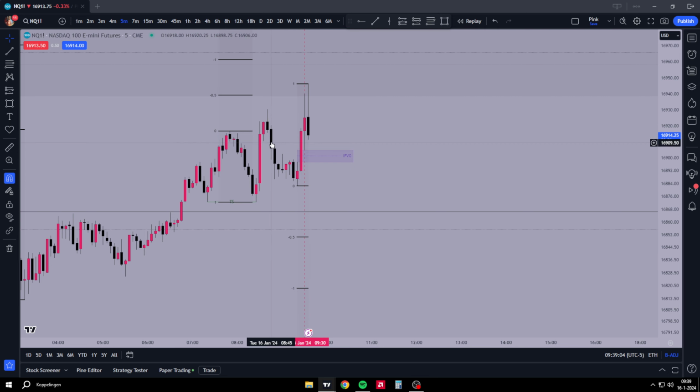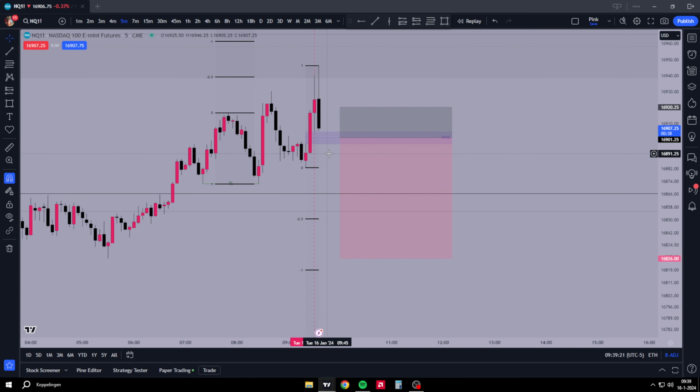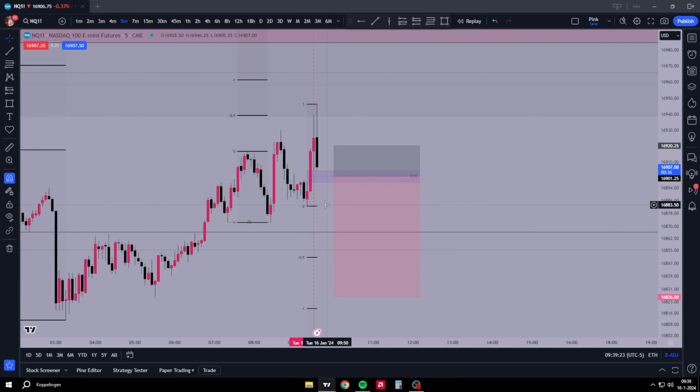Also, if you close below here, then this will be our Reaper. So that would be a high probability setup on this inversion fair value gap, with the stop above the Reaper. And then an easy target would be -0.5 standard deviation, -1 standard deviation, like that low. So we'll see what we do.